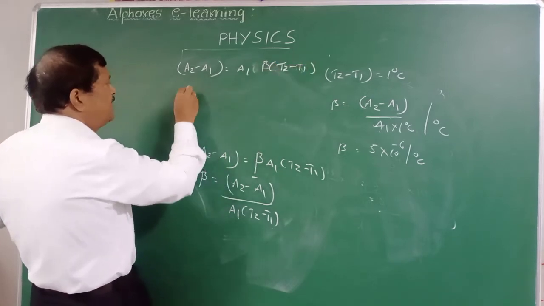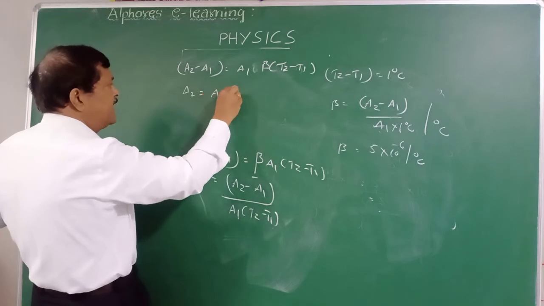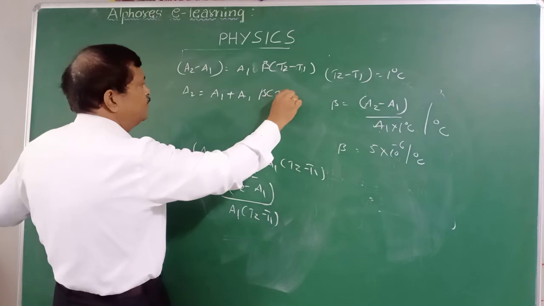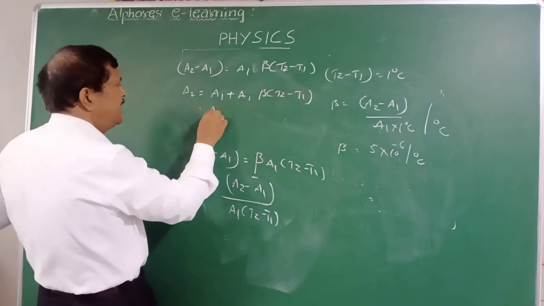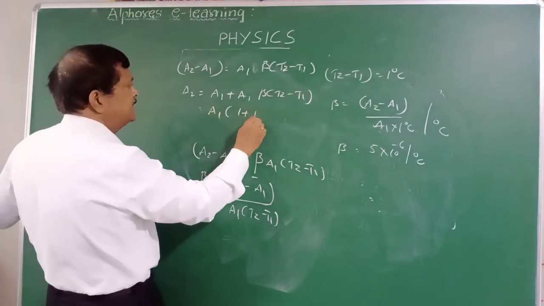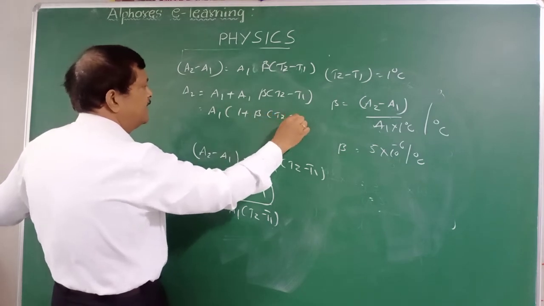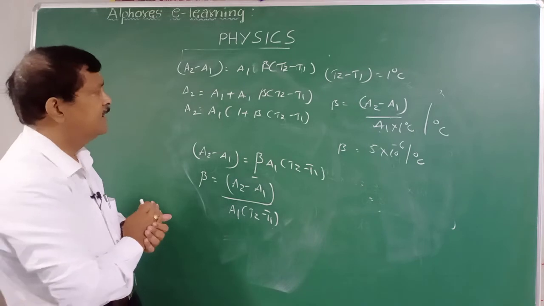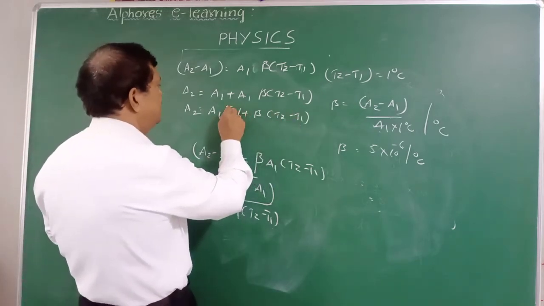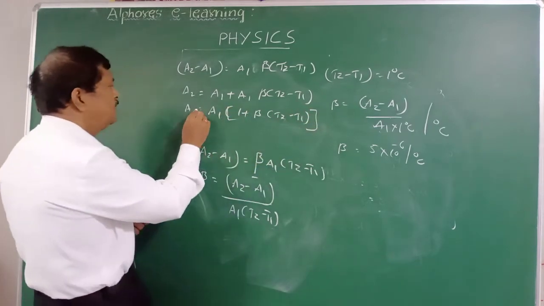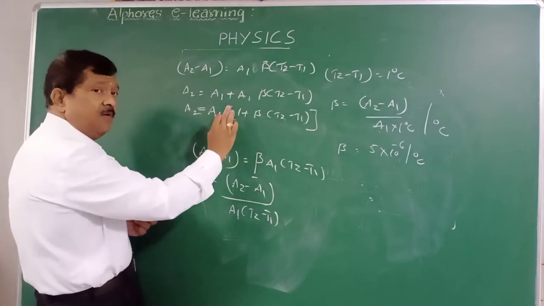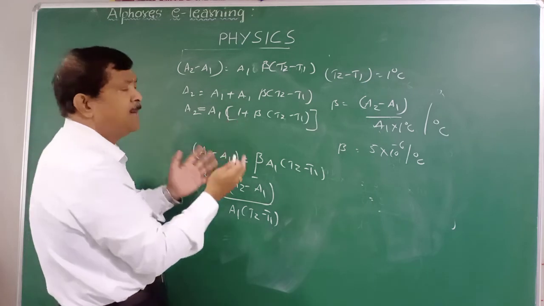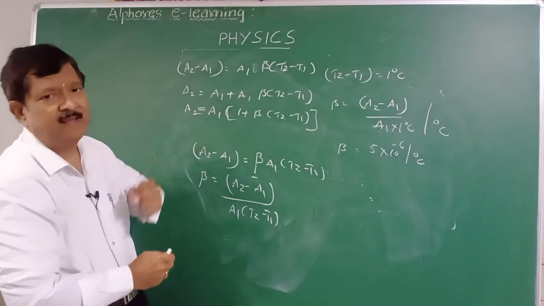So A2 is A1 plus A1 beta (T2 minus T1), or A1 of 1 plus beta (T2 minus T1). This is the equation for final area.